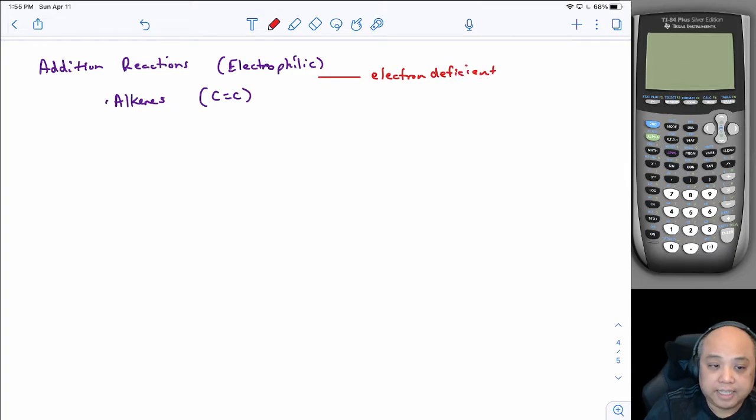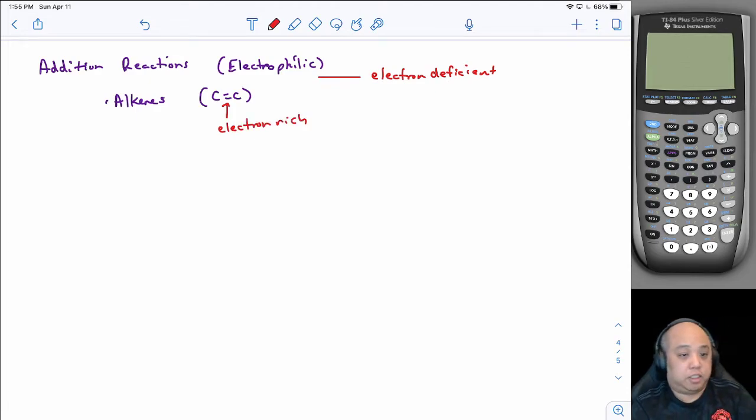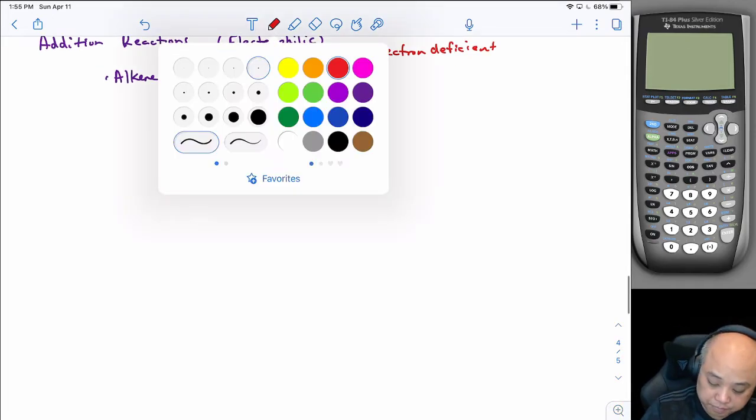So what it's seeking is a pair of electrons to compensate for its deficiency here, and that comes from the alkene. So that double bond in the alkene is electron rich, and it will seek out other species to bond with, and those are all the electrophiles that you'll see in this next listing here.